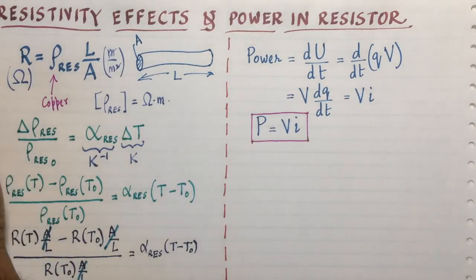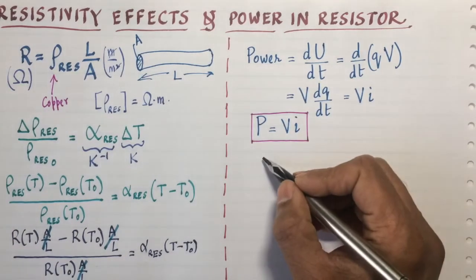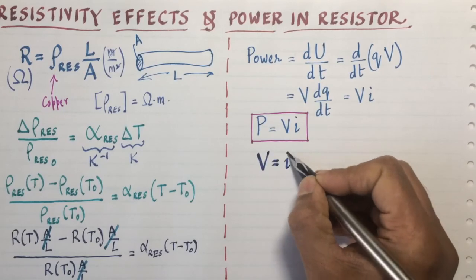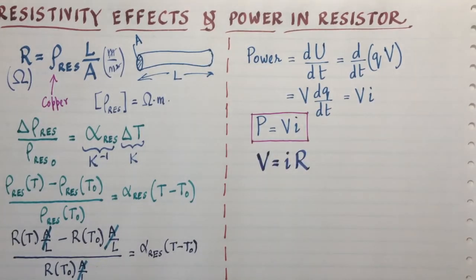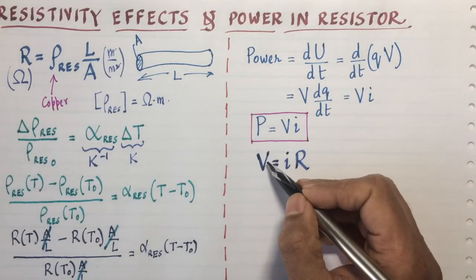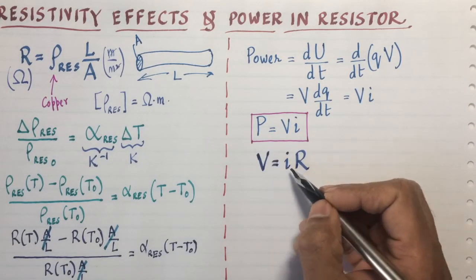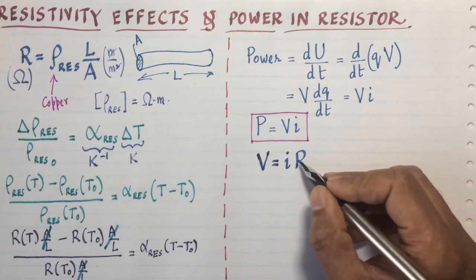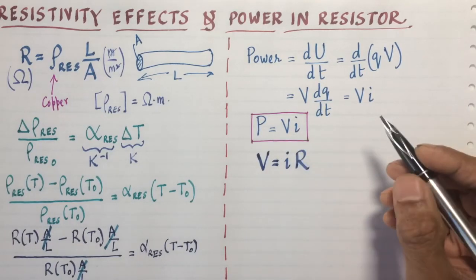Now, you can write this in a couple different ways, just like you could write energy of a capacitor in a couple different ways. You can write this also in two different ways by using Ohm's law. Ohm's law says for a resistor, V equals I times R. Now, strictly speaking, I should have put the left-hand side equal also to a lowercase v, but I'm not very consistent like that. So I can write the power expression in two other ways.